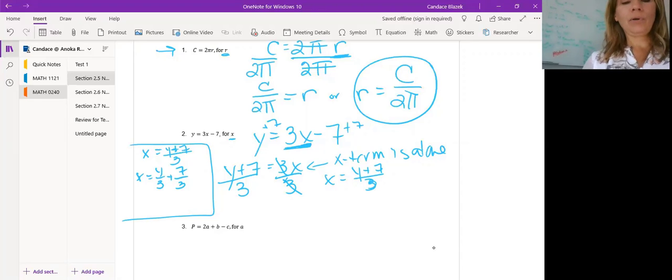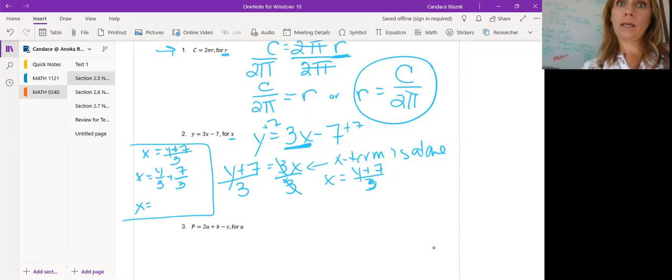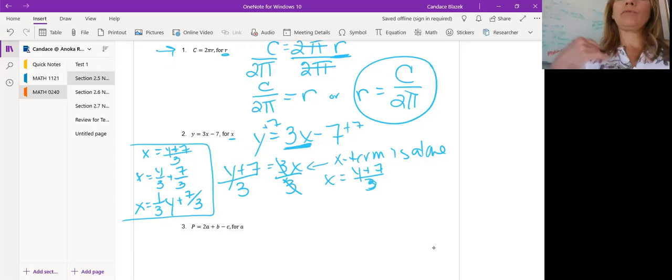One more step that you may see is instead of saying y divided by 3, we can say 1/3 y plus 7/3. Now, this 1/3 y, because when you divide something by 3, you're really looking for 1/3 of it. Right?